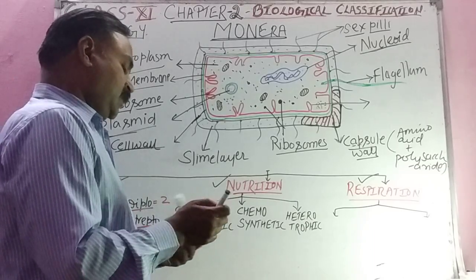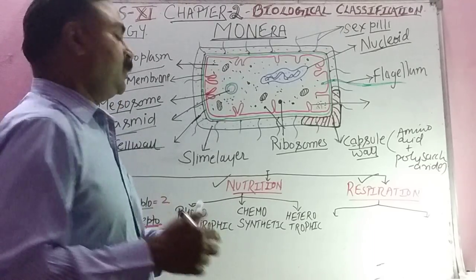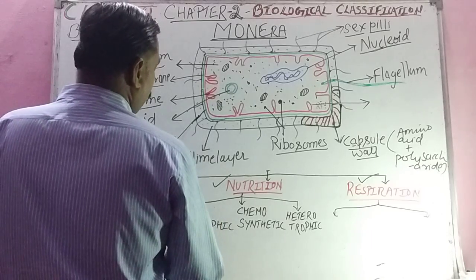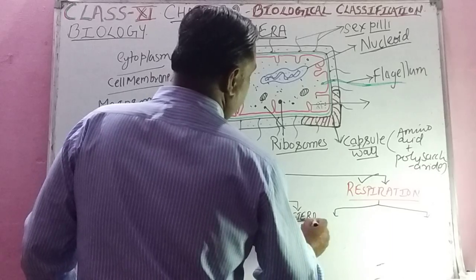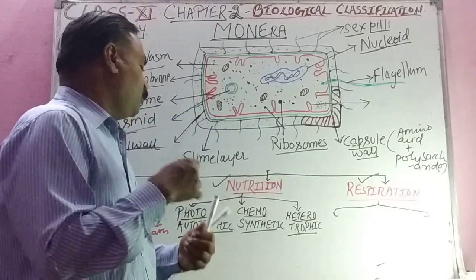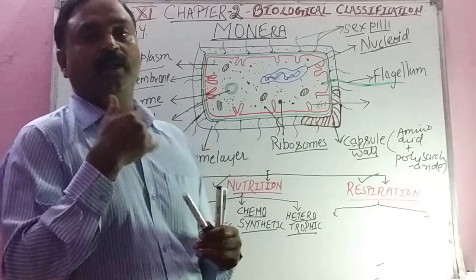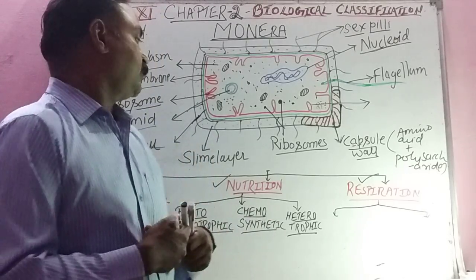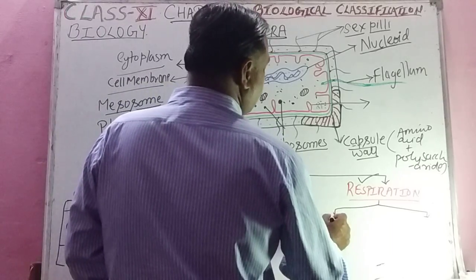Now on the basis of synthesis, there are three kinds of nutrition in bacteria: photoautotrophic, students, chemosynthetic, and heterotrophic. Photoautotrophic, as the name suggests, auto means self, and heterotrophic means it depends on other organisms. Then respiration, students. Respiration is of two types.